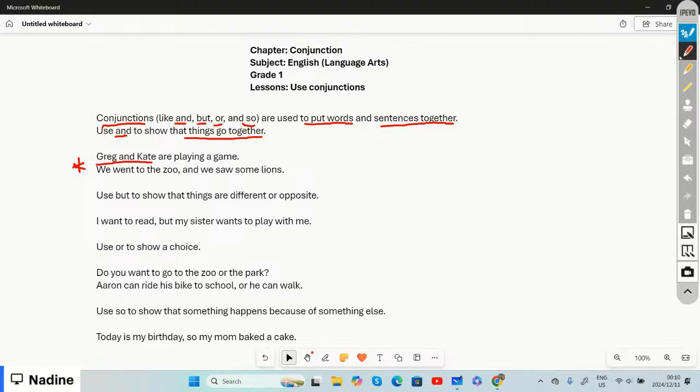So Greg and Kate. That basically shows that those two names are going together.